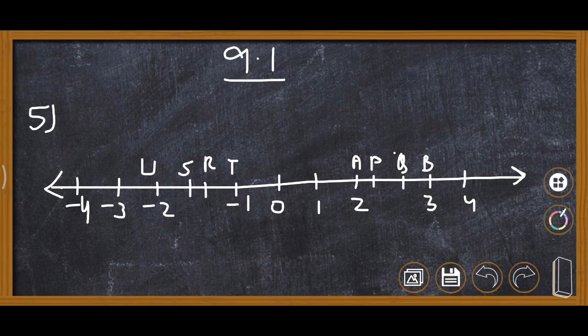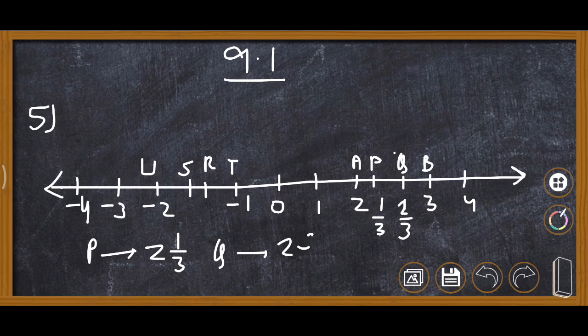Here you can see this P will be written as 1 upon 3, and this Q as 2 upon 3. So P will be 2 whole 1 upon 3, and Q will be written as 2 whole 2 upon 3. And for S and R, you can see this is also 1 upon 3 and this is also 2 upon 3.